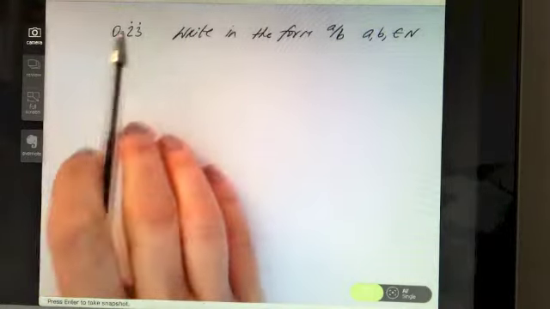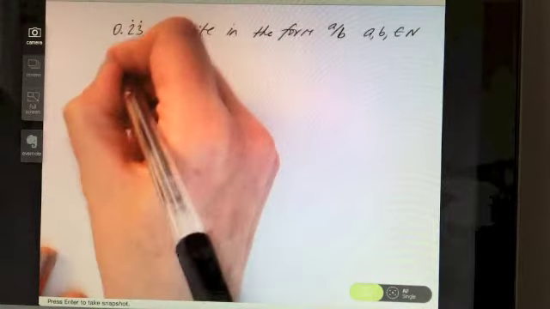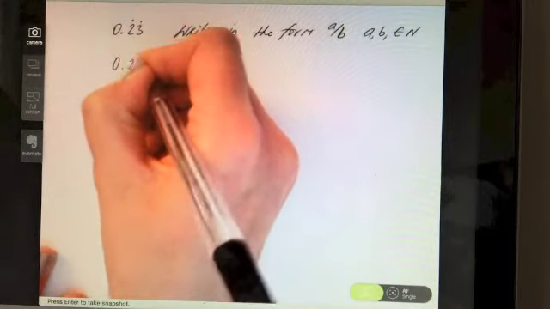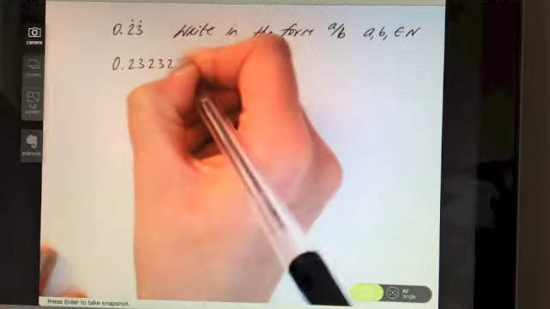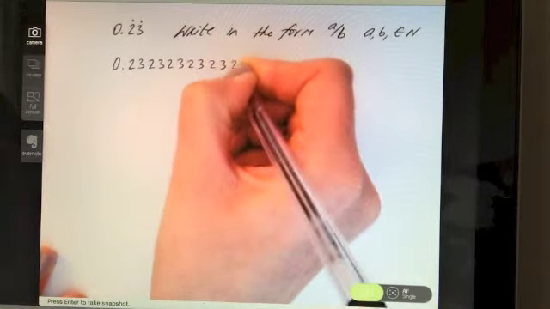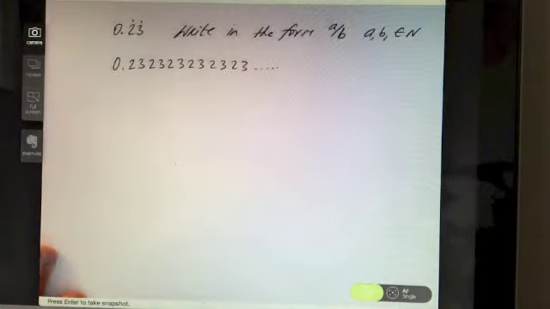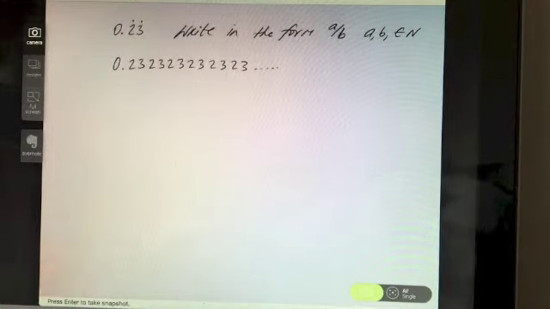First of all, to get an idea of what this is, 0.23 with the recurring dots on the 2 and the 3 means that the 2 and the 3 recur. So that's what it looks like: 0.23, 23, 23, 23, and so on.